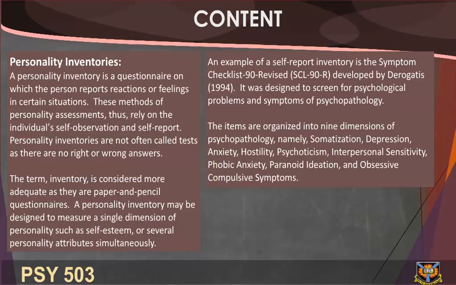The items are organized into 9 dimensions of psychopathology, namely somatization, depression, anxiety, hostility, psychoticism, interpersonal sensitivity, phobic anxiety, paranoid ideation, and obsessive-compulsive symptoms.